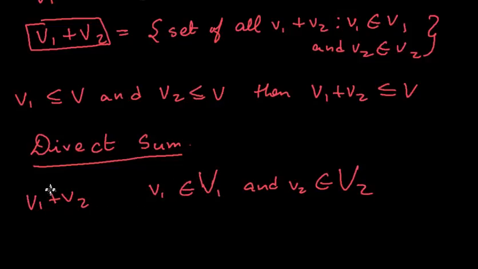So the sum means that all the elements of this can be written as the sum of a vector from the first subspace and a vector from the second subspace.